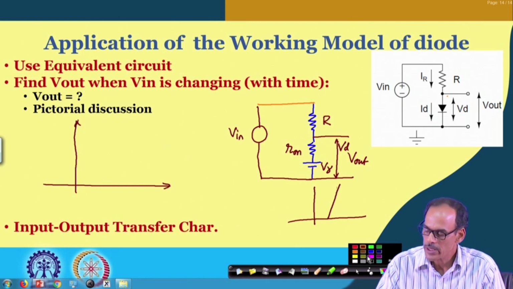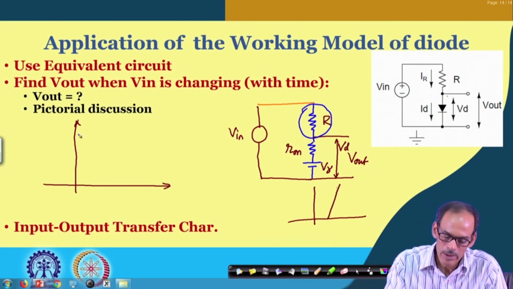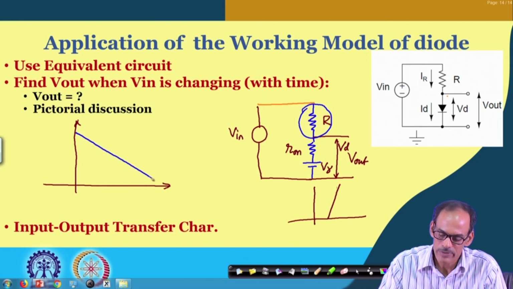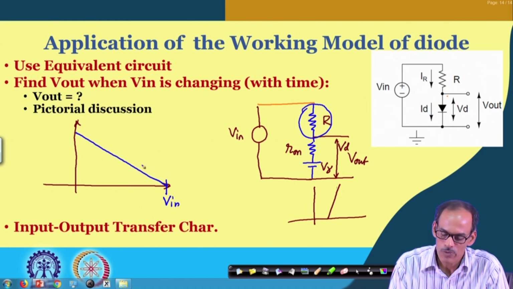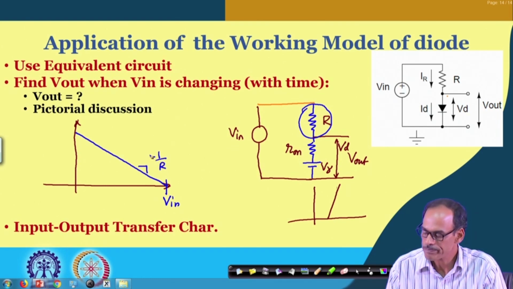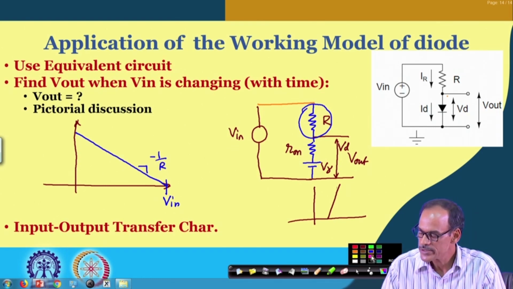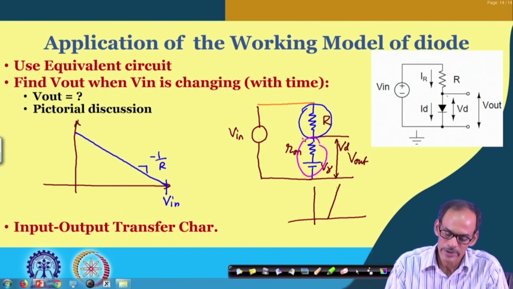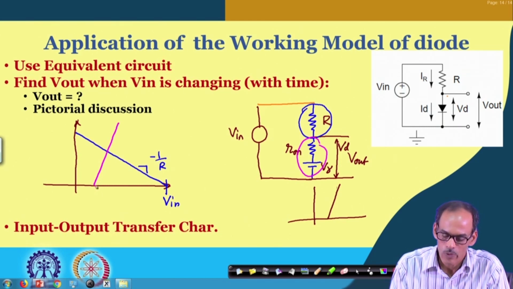Here again, we may say that I do have a pull-up element and its characteristic is given here, and the voltage here is V in, slope here is 1 by R with a minus sign, and then the lower element characteristic is nothing but this one, where this part is V gamma.